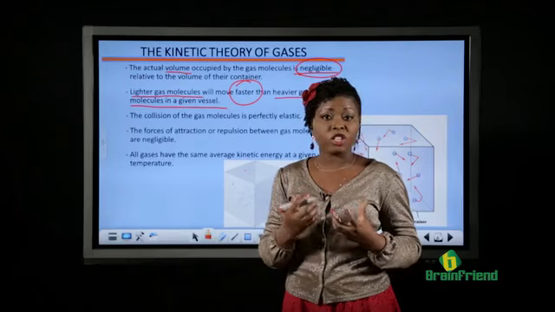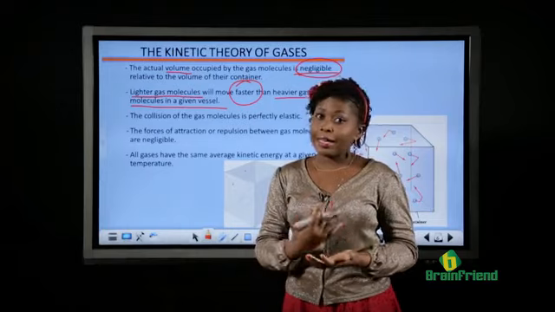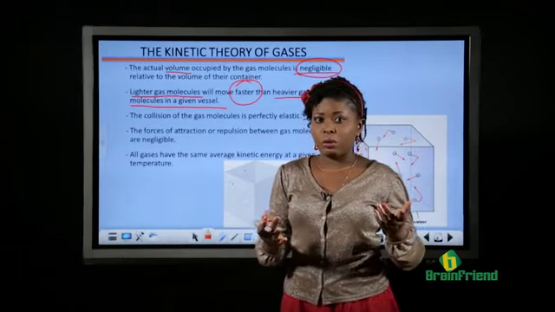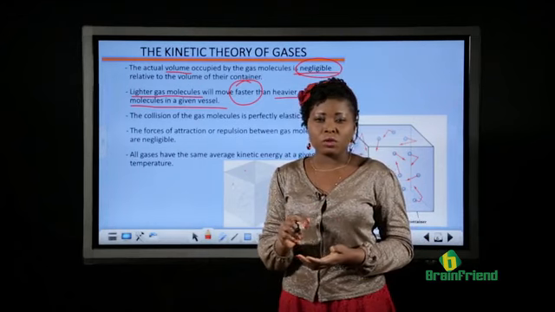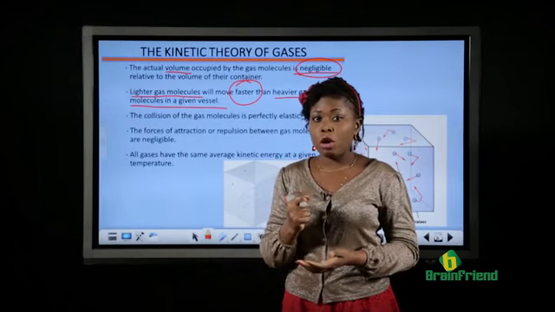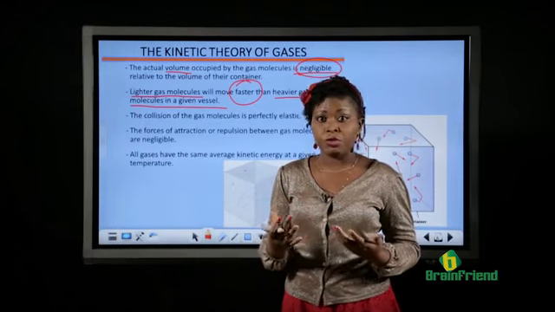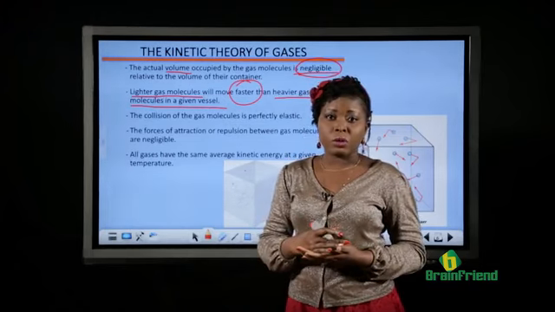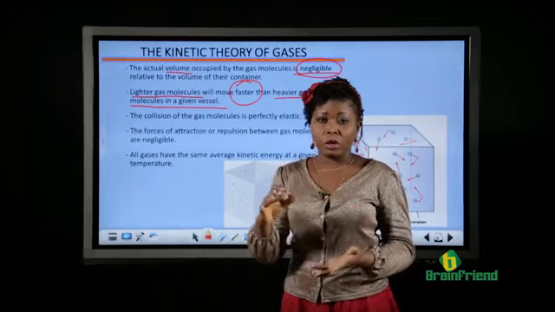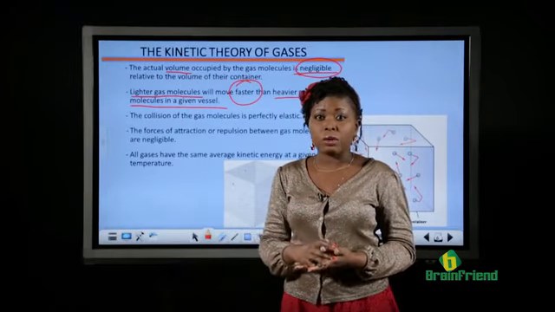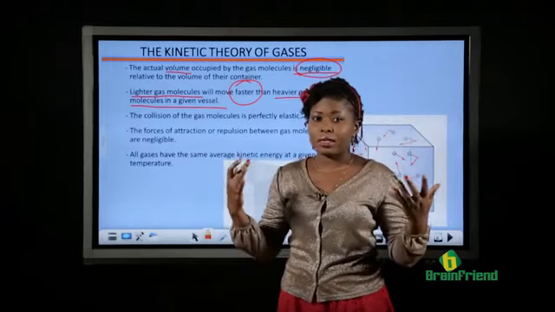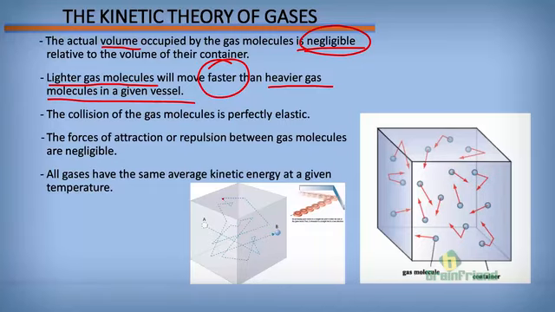You realize that the piece of paper, which is lighter or less dense, is going to fly off that table, while the piece of glass will need you to apply more air pressure before it can move. That also applies to gases. If lighter gas molecules are placed in the same container with heavier gas molecules, the lighter ones have the tendency to move faster than the heavier gas molecules.